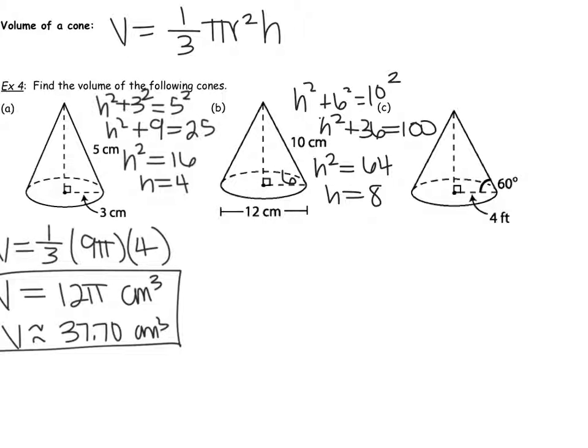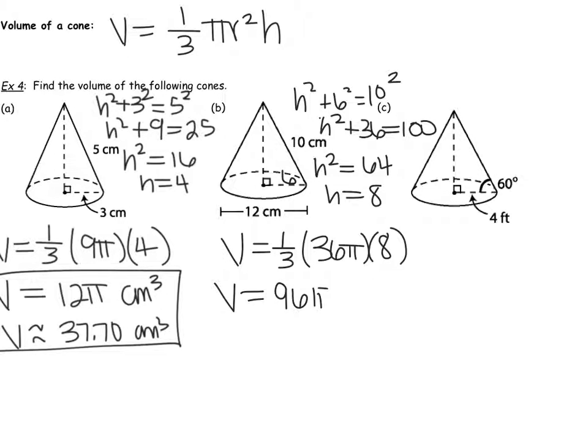Take the square root and we get a height of 8. So our volume equals 1/3 times the area of our base, which was 36 pi, times our height of 8. So that gives us a volume of 96 pi centimeters cubed, which as a decimal is 301.59.